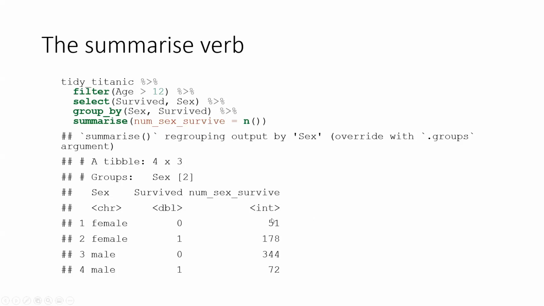So we can see here that there's 51 females dying, 178 females surviving, so on and so forth with the males. So this is already really getting me to my question, which was, were there more women surviving than men surviving?